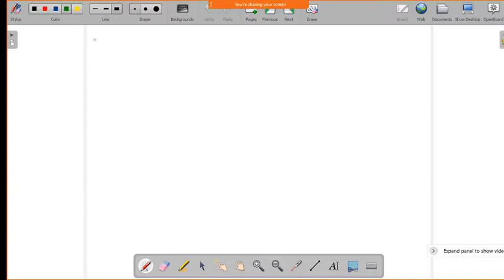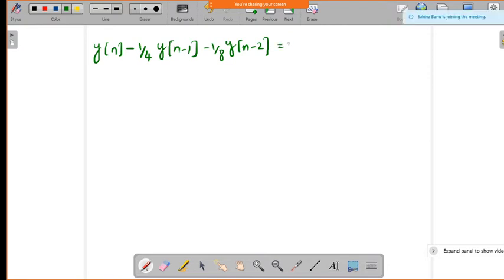Take y of n minus 1 by 4 into y of n minus 1 minus 1 by 8 into y of n minus 2, which is equal to x of n plus x of n minus 1.